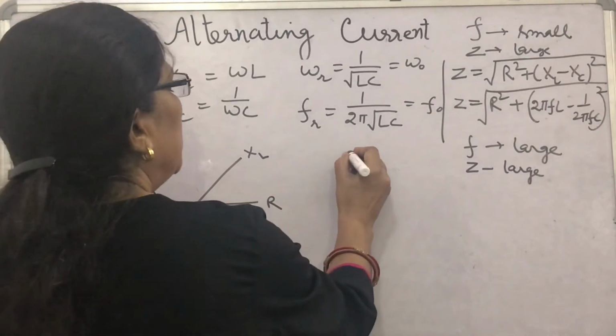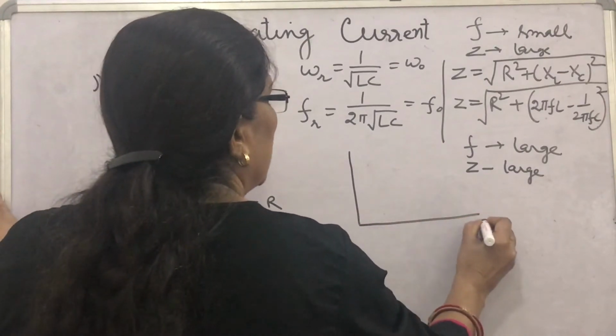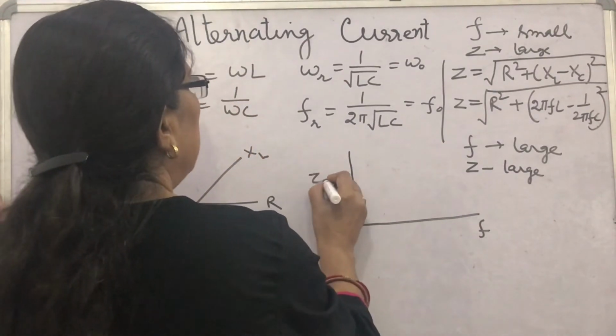Then how will you find the graph for frequency versus Z?